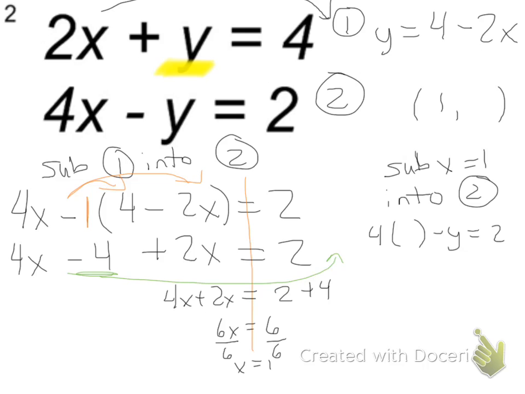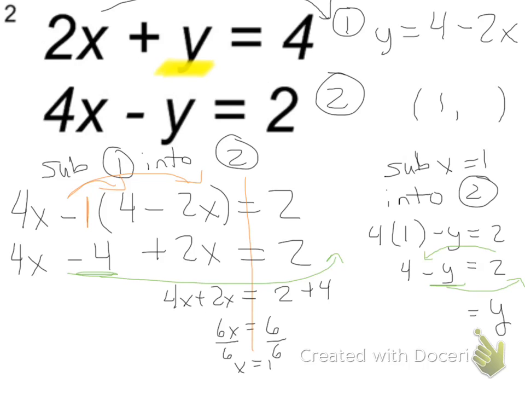So if I put in my x value, 4 times 1 is 4, minus y equals 2. At this point I need to isolate y, because I need to solve for y. So I'm going to move y to the other side, and it becomes positive y. That's just a trick that I think will help me save time. Then I need to move the 2 here to join the 4.